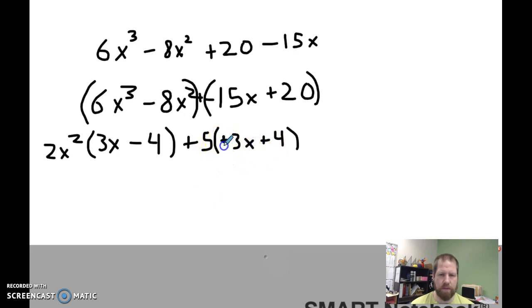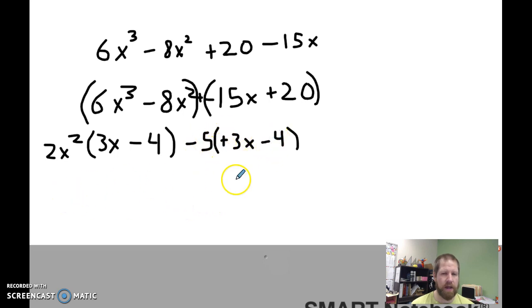So this will be a positive 3x and a minus 4 when I pull out that negative for my term. This can be something you don't show the full steps on, but you do need to make sure that you change the sign on both terms.